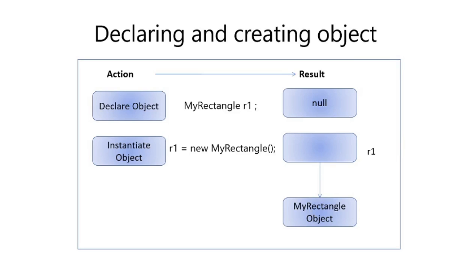Those members and methods are accessible using this MyRectangle object R1. So initially the object is declared and it has the null reference. After that, when you use instantiation, it is actually created, and then you can access the methods or variables using that object.